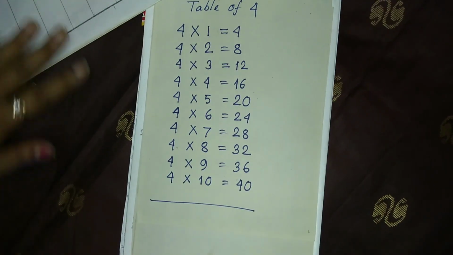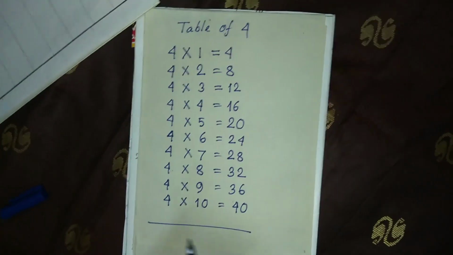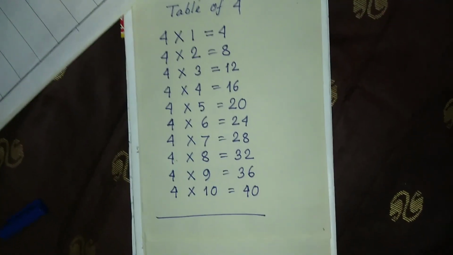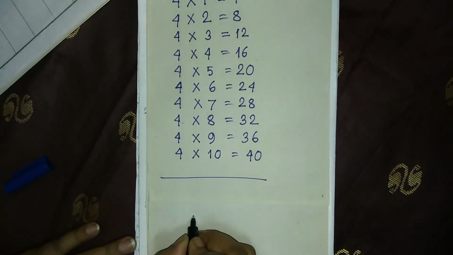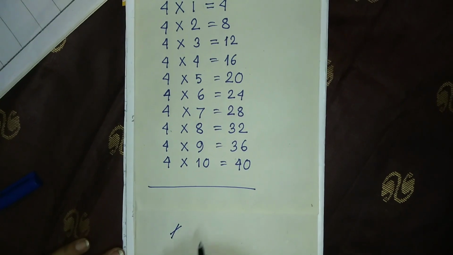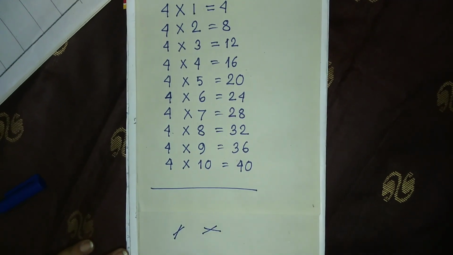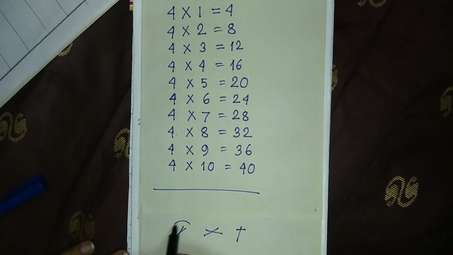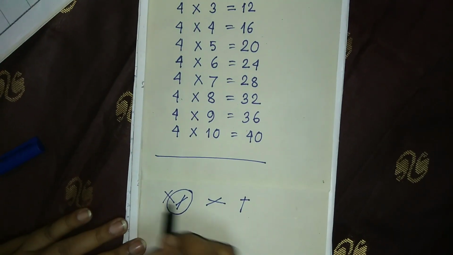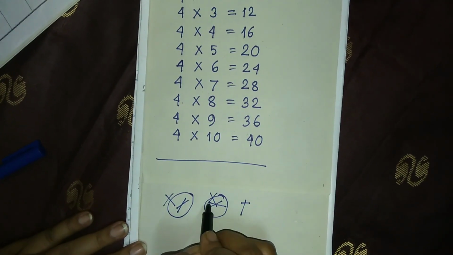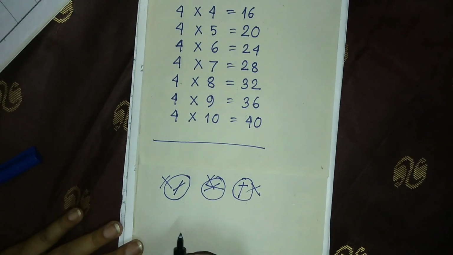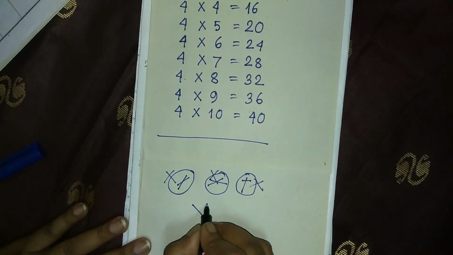Some of you, when you write this table, will write this X symbol like this, or like this. No, these are wrong. The multiply symbol is this X symbol.